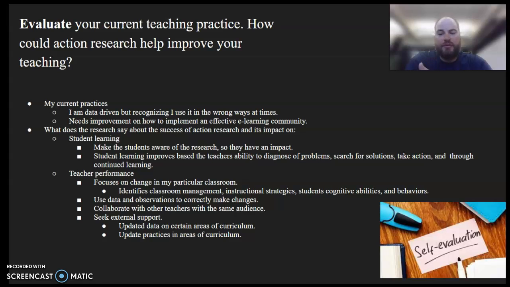And we want to make sure that we're focusing on change in particular classrooms, identify the classroom management, instructional strategies, cognitive abilities and behaviors. We want to collect and observe the data and correctly understand the trends and make some changes. And we're going to seek external support when we need to, and update data on certain areas of the curriculum and practices.